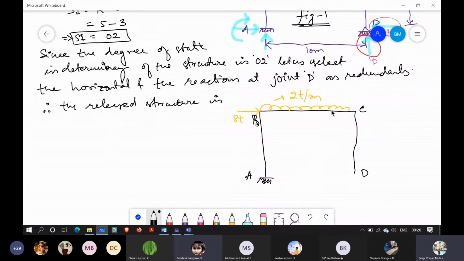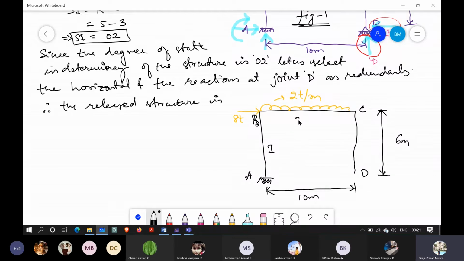Okay, so this is 2 ton per meter. This is A, B, C, D, and this one is 6 meters and this is 10 meters.